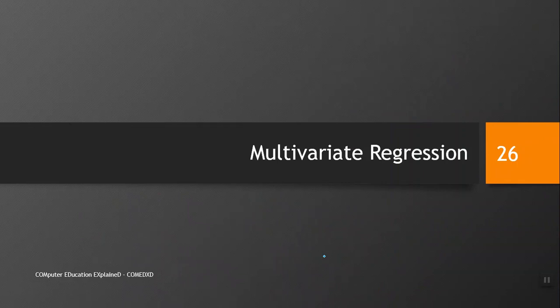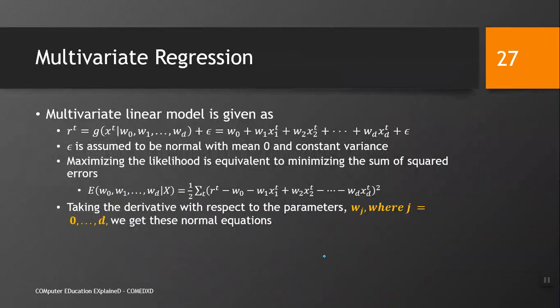Multivariate regression, the last topic of today's lecture. Multivariate linear regression is given as this: we have some regressor function and there is some error introduced in that.